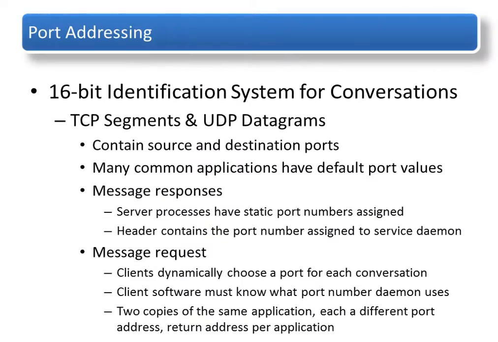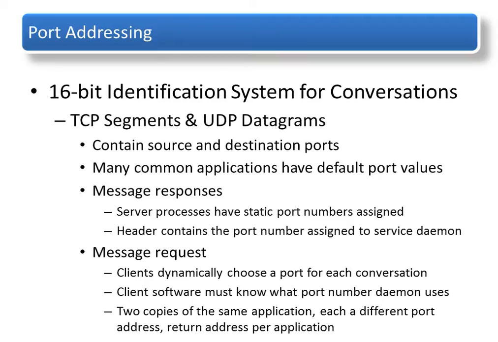The header of each segment, or datagram, contains a source and destination port. The source port number is the number for this communication associated with the originating application on the local host. The destination port number is the number for this communication associated with the destination application on the remote host.